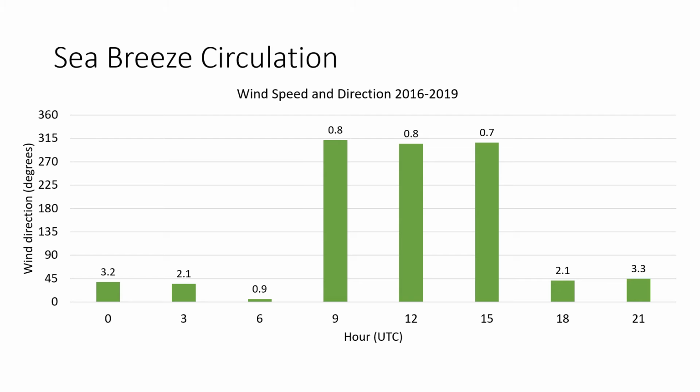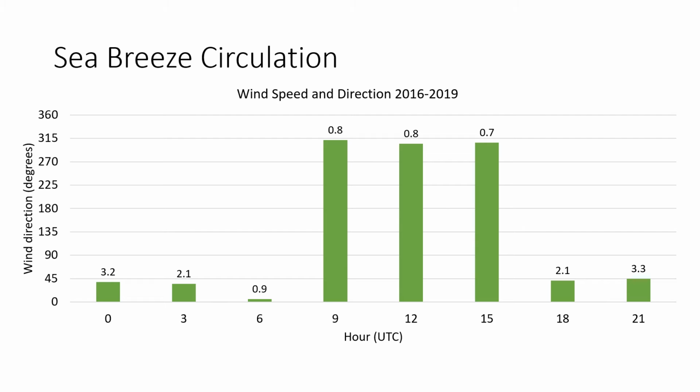This graph represents the average wind speed and direction at each hour that I have data for over the past 4 years, so 2016 through 2019. And as we can see, there is a shift throughout the day from a more northeasterly direction towards a more northwesterly direction.